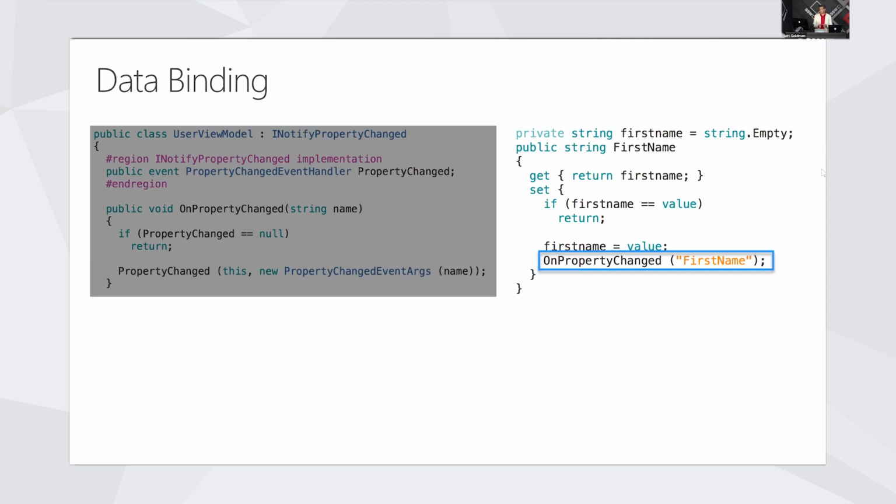The first thing we do is check whether or not the property has actually changed. Because we're raising an event, we're sending out that notification, we don't want unnecessary notifications flying around, depending on how complex the user interface gets. So we make sure that we only send out that notification if the property has actually changed. And then we're calling OnPropertyChanged and passing in the name of the property.